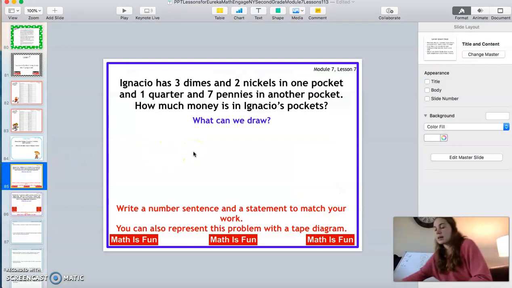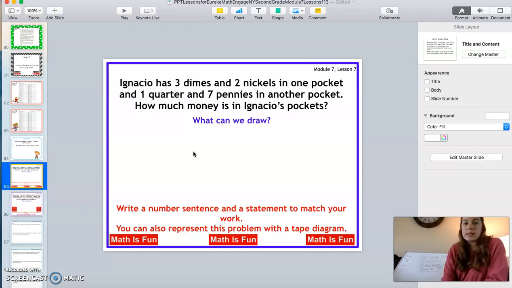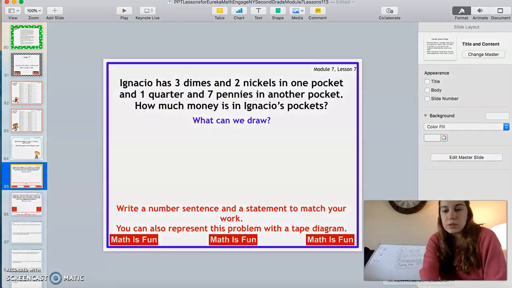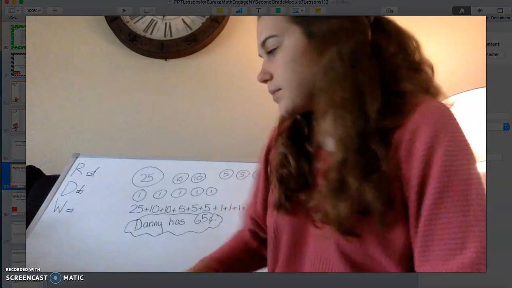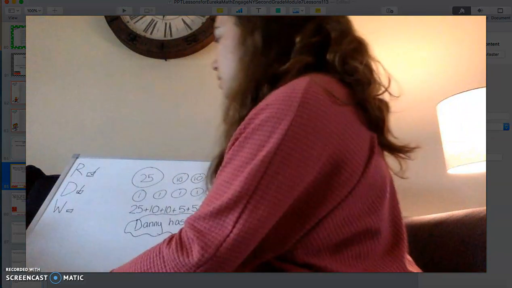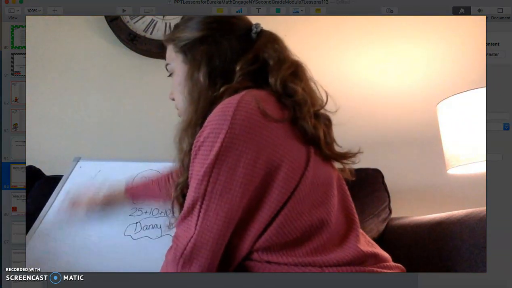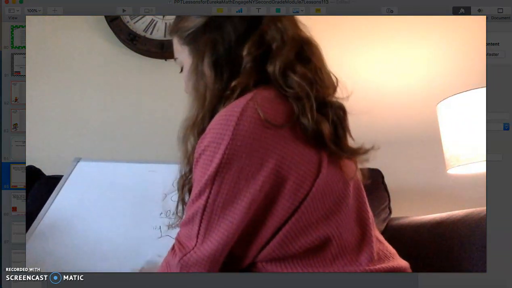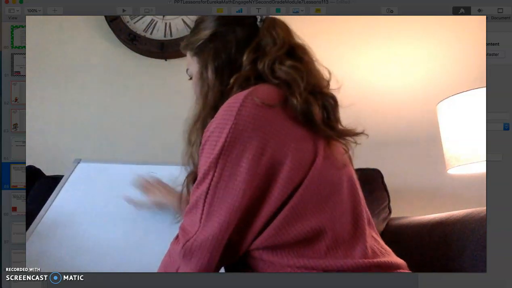All right, our next question says, Ignacio has 3 dimes and 2 nickels in one pocket, and 1 quarter and 7 pennies in the other. How much money is in Ignacio's pockets? So I'm going to zoom out so you can see me. Let me just erase this quick.